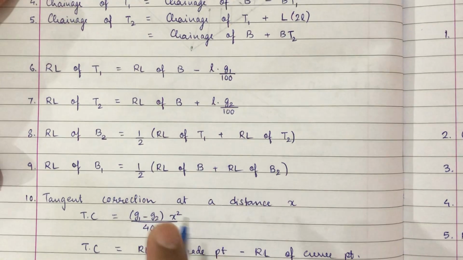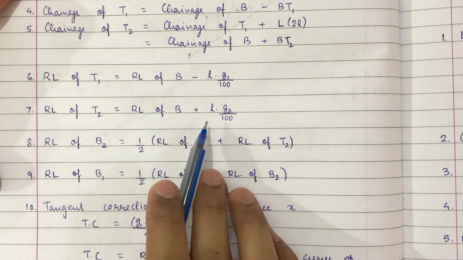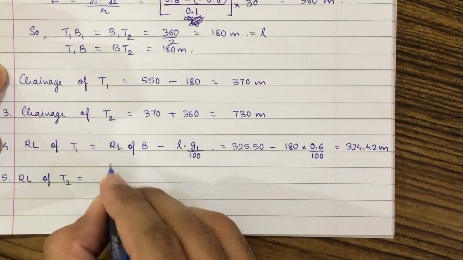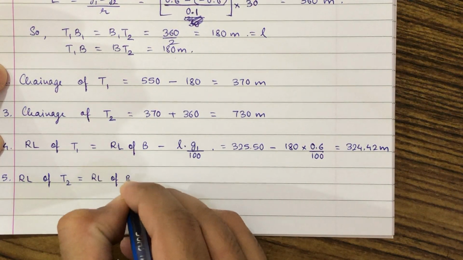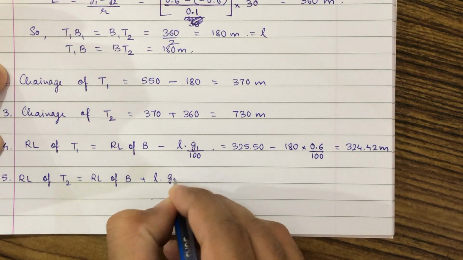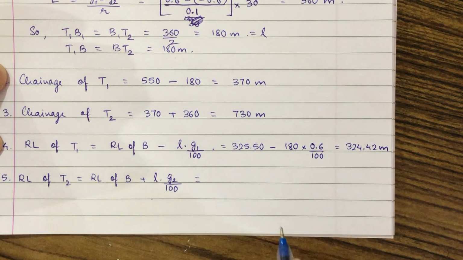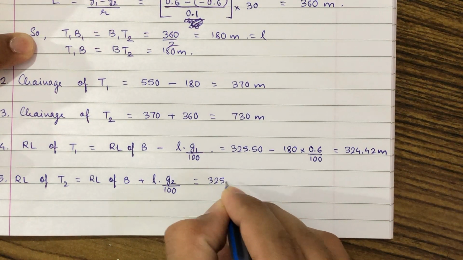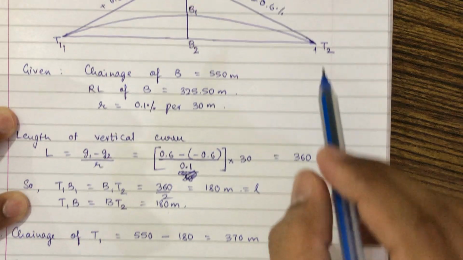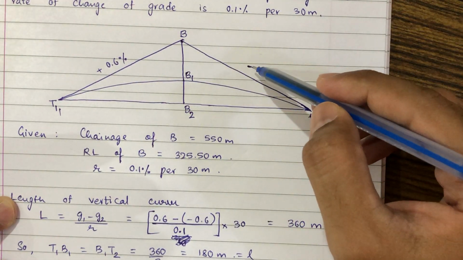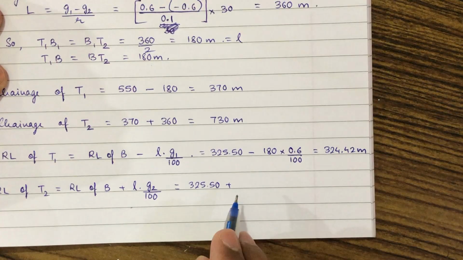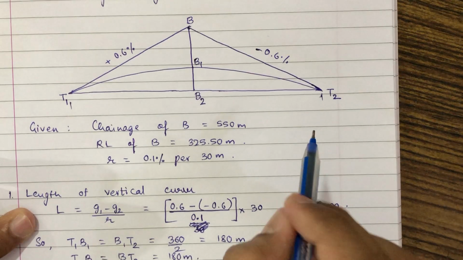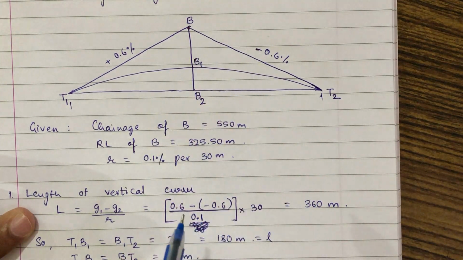Now from here we saw that the RL of T2 is given as RL of B plus L into G2 upon 100. Now here RL of B is this same 325.5 plus this L, and L is again 180, and here this G2 is given as minus 0.6.